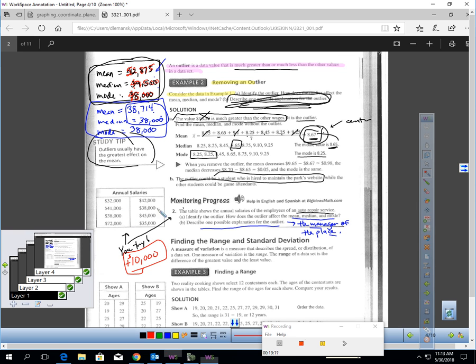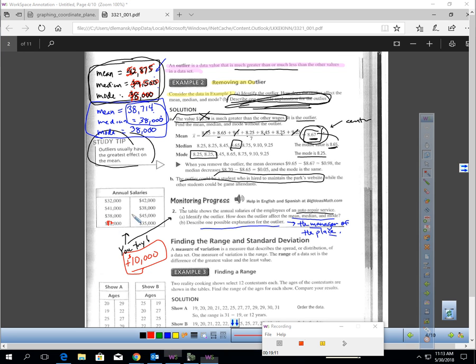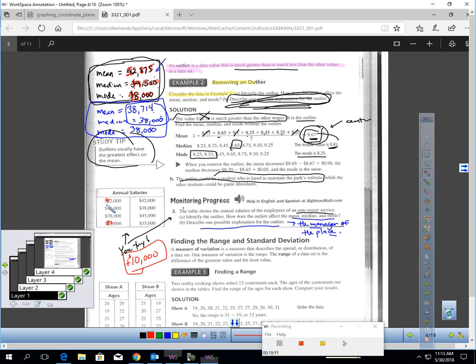I don't have to add 10,000 to all these salaries and recalculate all this out. Now, it will not change my range, okay? My new top salary is 82 and my low salary is 42. If I take the top and bottom and subtract, I'm still going to get a $40,000 range.